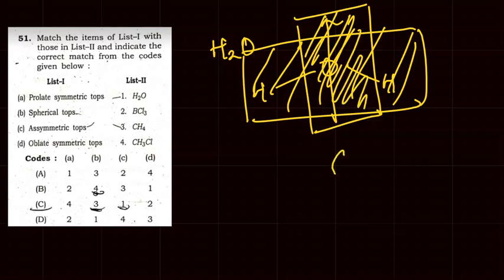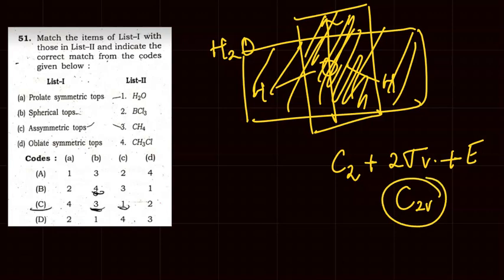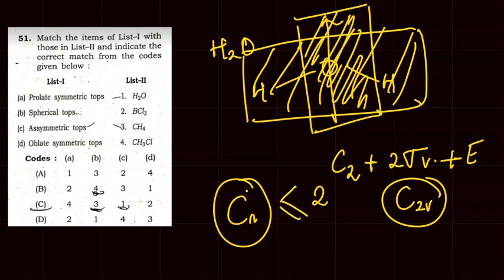So here there is a C2 principal axis of symmetry, two sigma V planes, and the identity element is present in all molecules, so when we find the point group, C2V will be its point group, right. Whenever we see that the Cn axis of symmetry, that is the molecular axis of symmetry, is less than or equal to 2, then that kind of molecule is called an asymmetric top. So option C, the asymmetric top in list 2, will be our H2O molecule.